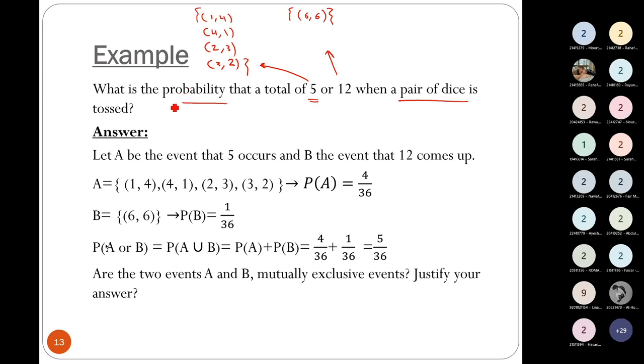We need the probability of what? The total of 5 or 12. What's the meaning of or?